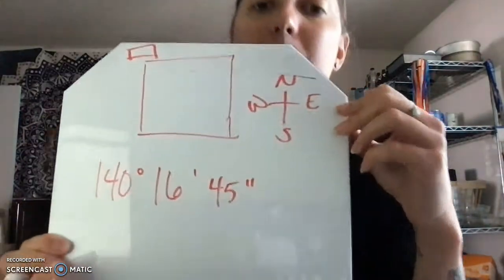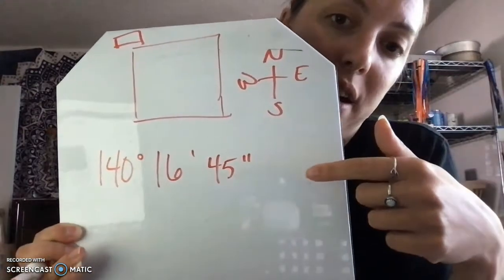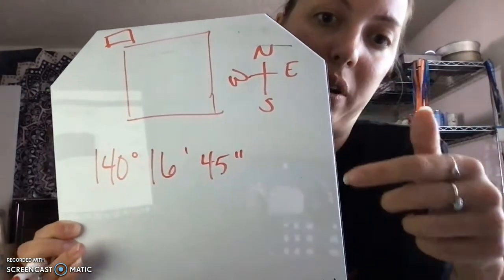So for example, say that one is 140 degrees and 16 minutes and 45 seconds. So minutes denoted by 1 apostrophe, seconds denoted by 2 apostrophes.